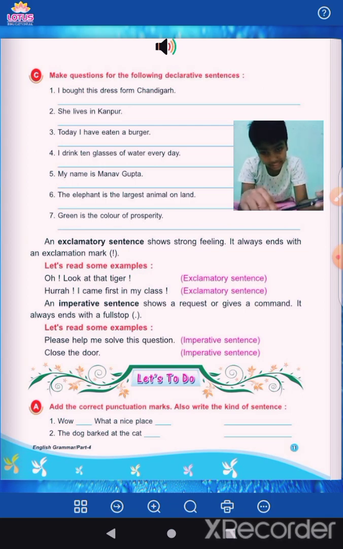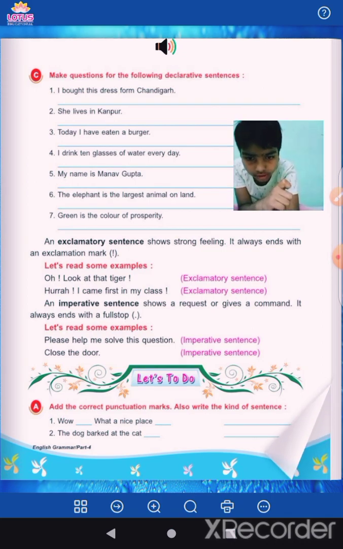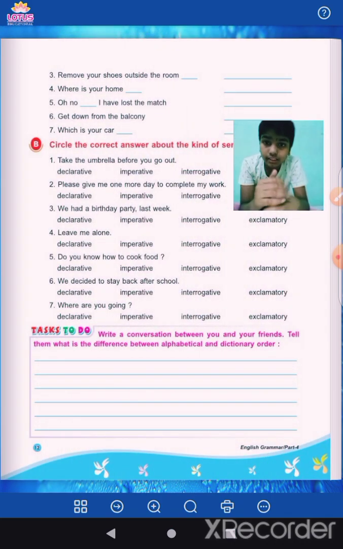Imperative. Close the door. Imperative. Try making requests, not commands. And to that, add the correct punctuation marks. Also write the kind of sentence. Wow, what a nice place! Exclamation mark, exclamatory. The dog barked at the cat. Declarative. Okay. You only do those questions.